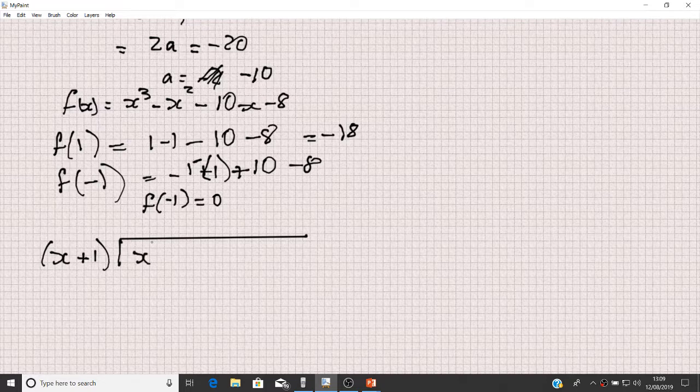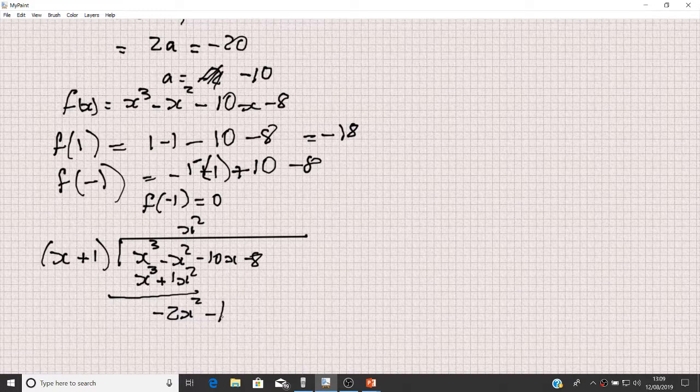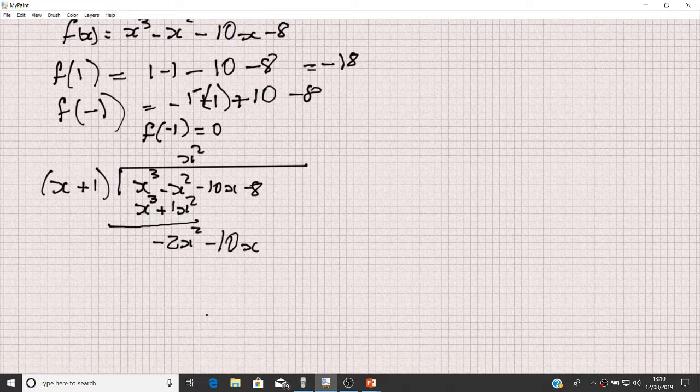Write our x cubed minus x squared minus 10x minus 8. So x cubed divided by x is x squared, and multiply it back: x cubed plus 1x squared, and subtract. So we'll end up with minus 2x squared minus 10x. So let's divide negative 2x squared by x, which is negative 2x, and multiply it back.